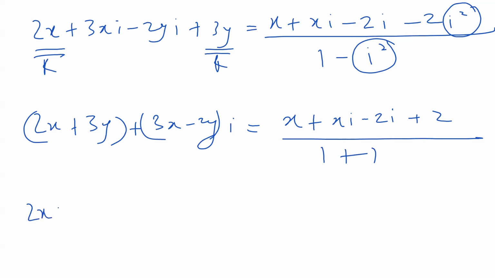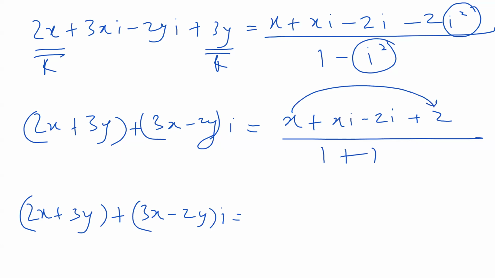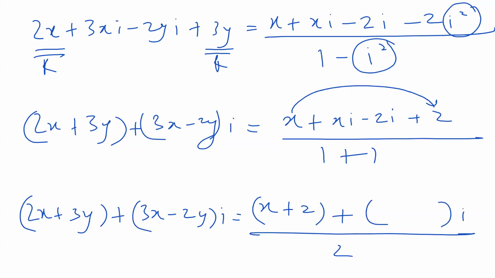So (2x + 3y) + (3x - 2y)i is equal to, I'll group this and this term, (x + 2) + (x - 2y)i over 2. I have taken out i common, so within the bracket we'll get x - 2y.